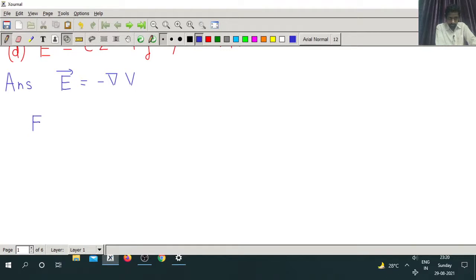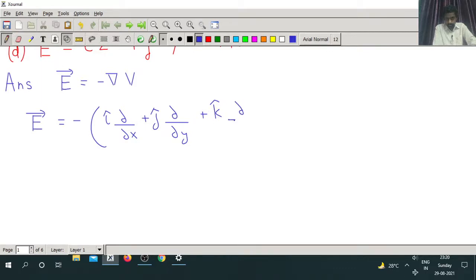So we can write this equation as E is equal to minus, i into d by dx plus j into d by dy plus k into d by dz. This is a 3-dimensional operator and it has to operate on the electric potential.